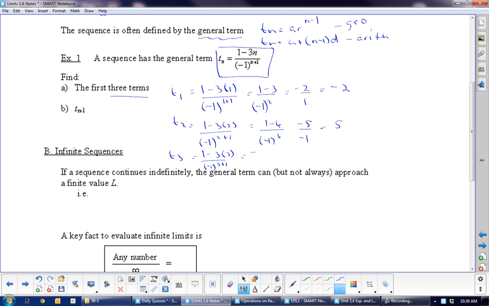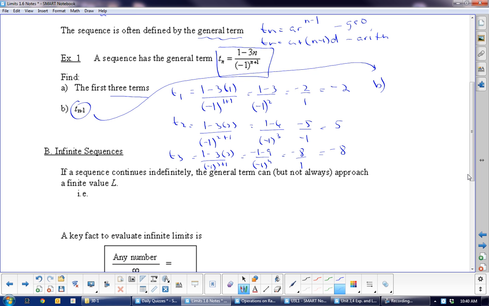So that's 1 minus 9 over negative 1 to the 4, which equals negative 8 over 1, which equals negative 8. Okay, so those would be our first three terms. Now, how do you find Tn minus 1? So let's do that right here.